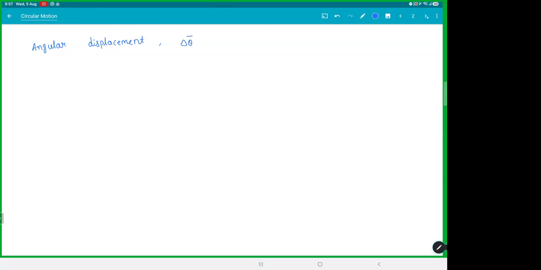So delta theta bar is given by theta final bar minus theta initial bar. So even thetas have directions. If you remember the pseudo vector, if a vector is rotating clockwise, we use the right hand thumb rule. Remember that screw example? We take it as minus k into the plane.